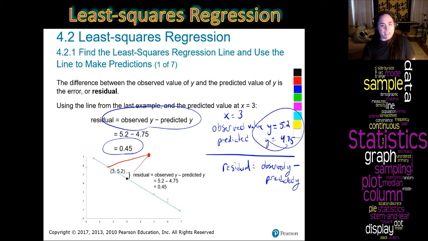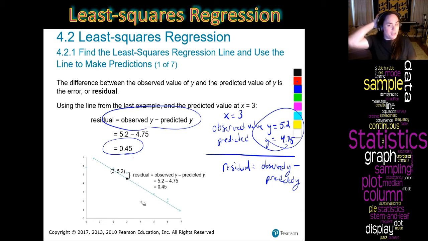So there are an infinite number of line segments that I could draw to get to this line. The one that you have to do when you're trying to look for a residual is the one that is straight up and down. So sometimes you go down to a line if your observed is greater than your predicted value. And if your observed is less than your predicted value, then you draw a line going up, like that.